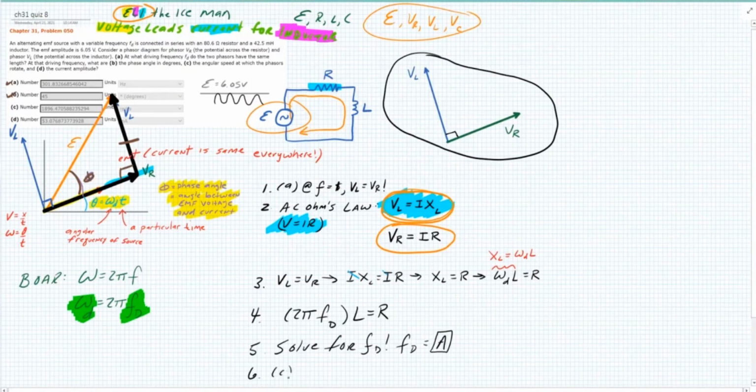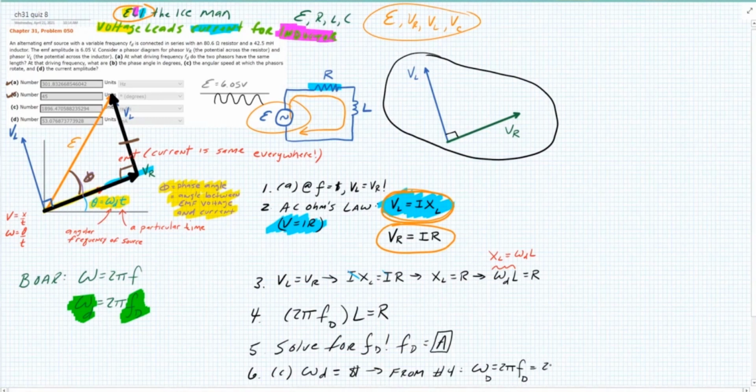Number 6, part C is asking for omega d, the angular speed. As mentioned in number 4, we have omega equals 2 pi f, with subscript d, because we're talking about the driving frequency that is created by the source.